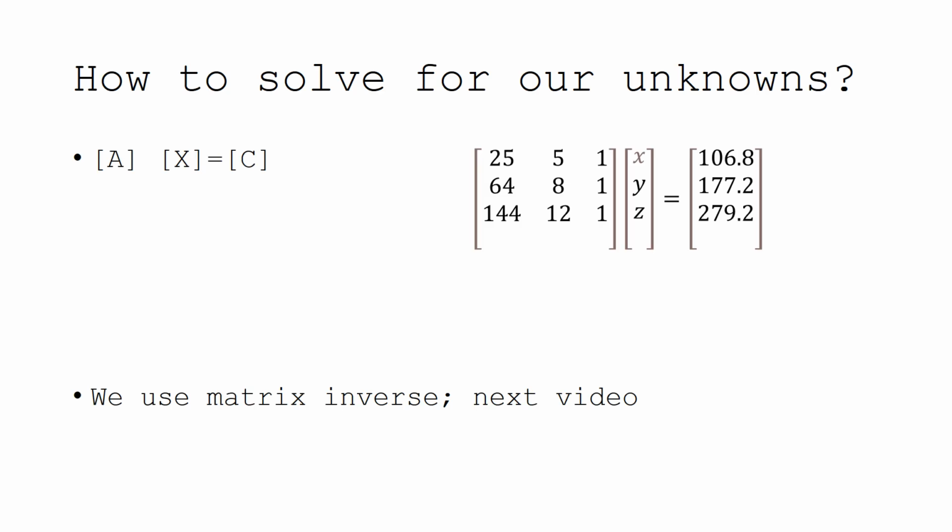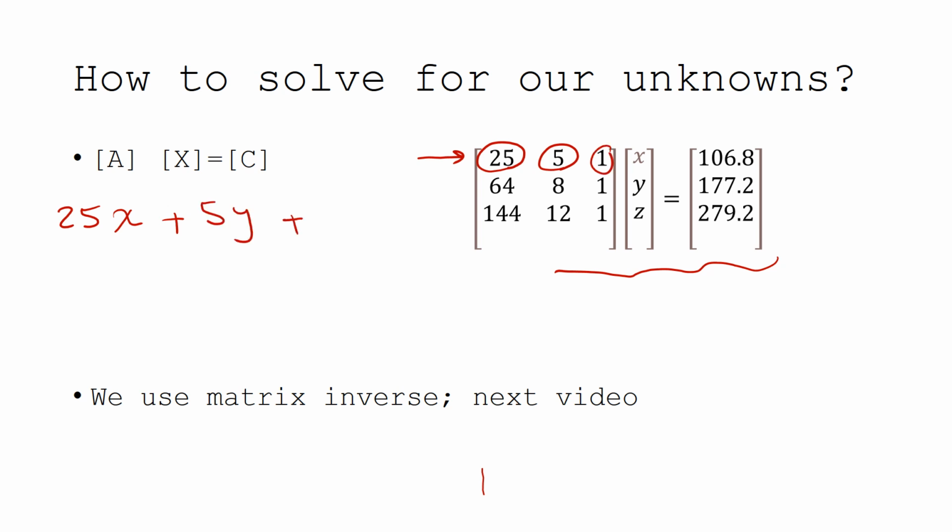Okay, so far we have talked about the representation. So we put our three equations into a matrix format. So this matrix here was obtained from three equations. Equation number one is 25x plus 5y plus 1z equals 106.8.